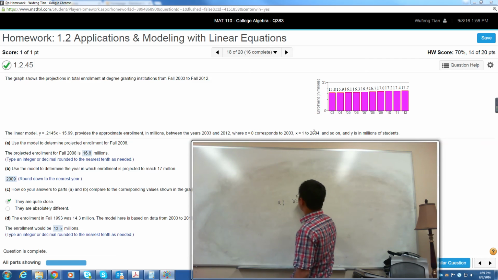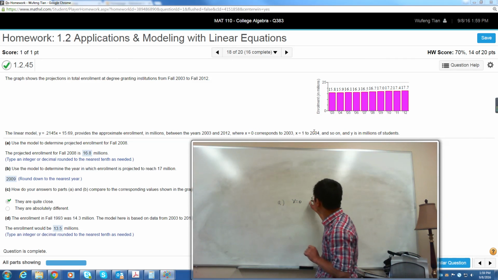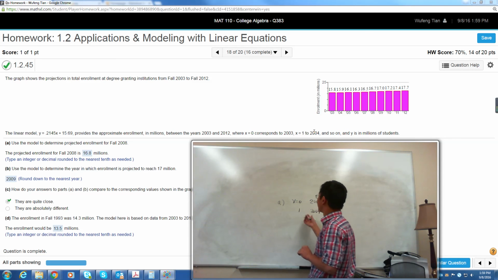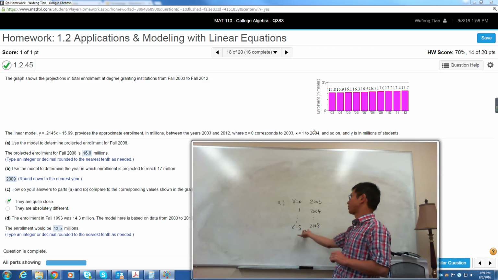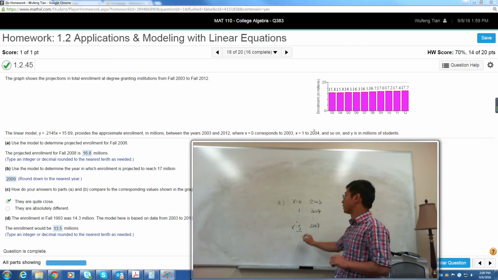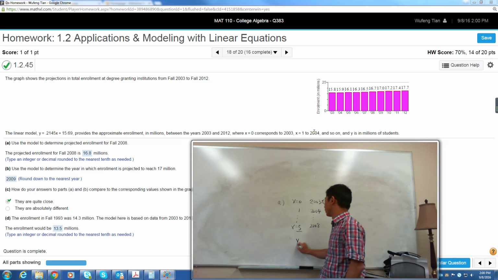If x equals 0 is 2003, okay, and 2004 you got 1. You see the difference is 3. If you continue until 2008, your x actually equals 5. So x equals 5. Plug the 5 into the equation, you're going to get the answer for the first one.